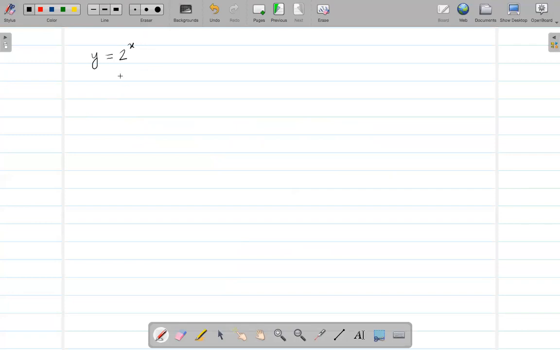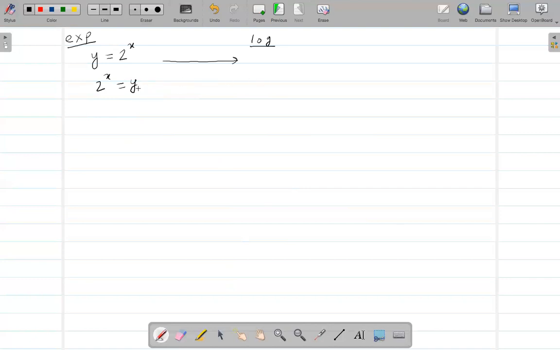I talked about this in the last video, section 1.5, so if you haven't watched that, go back and watch that video first, and then watch this one. We can also write this as 2 to the power x equals y.